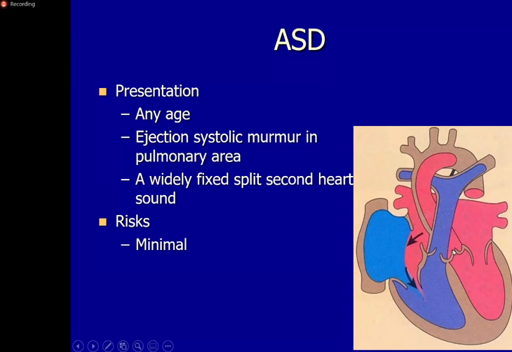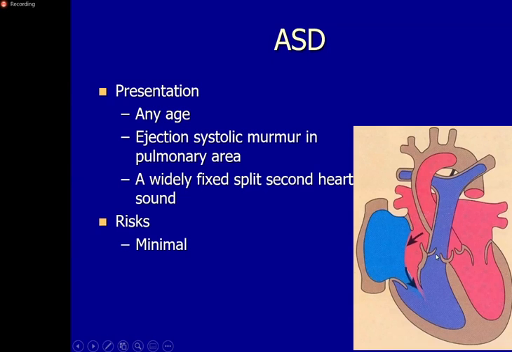Once it empties, it will close and make the noise. Then on the other side, there will be more blood than usual. So while this is closing, this still keeps on functioning, pumping out blood. So the right side will take a little longer to close because there is more blood on the right side. So this will close early, this will close a little later.